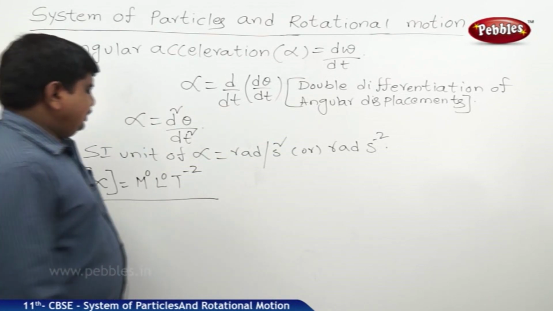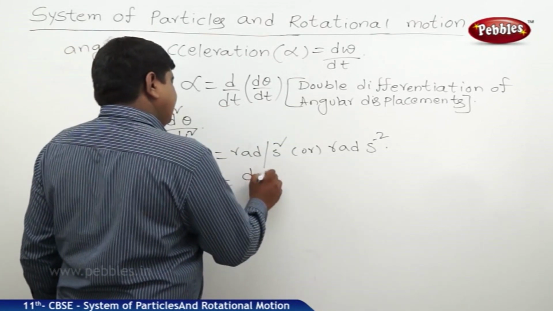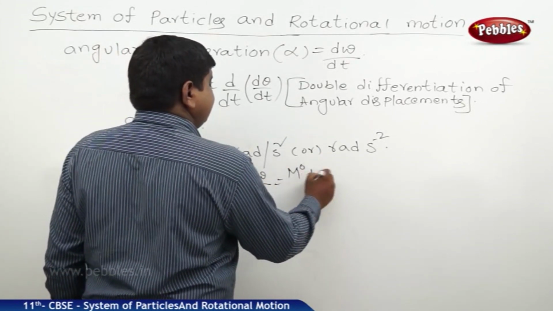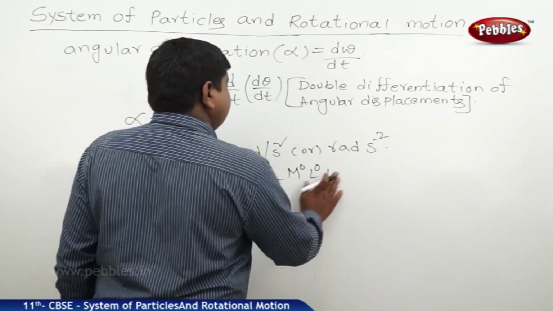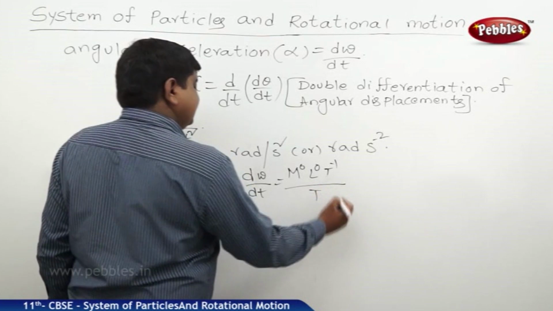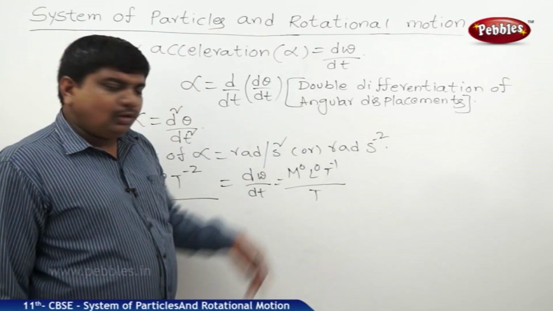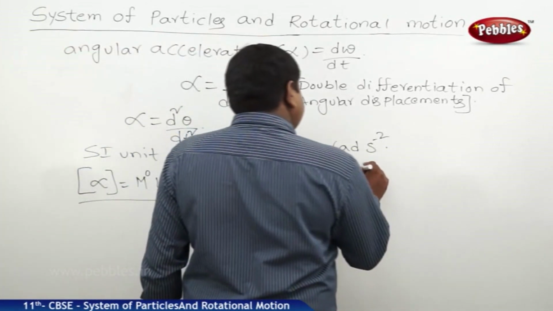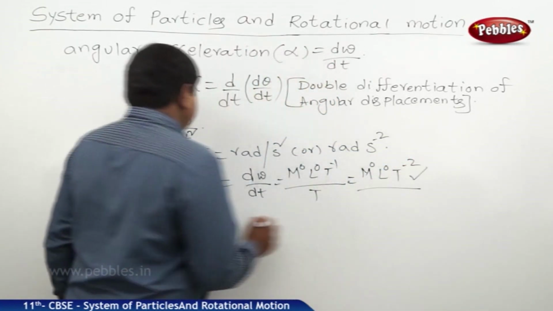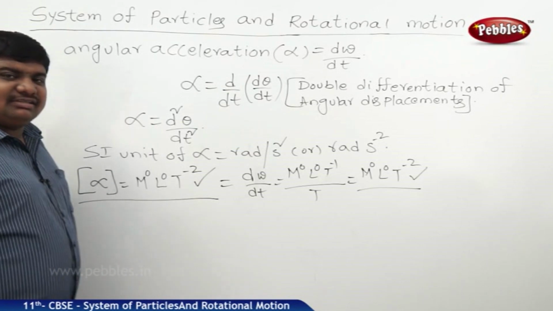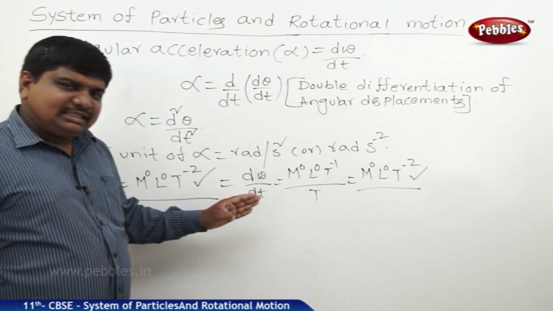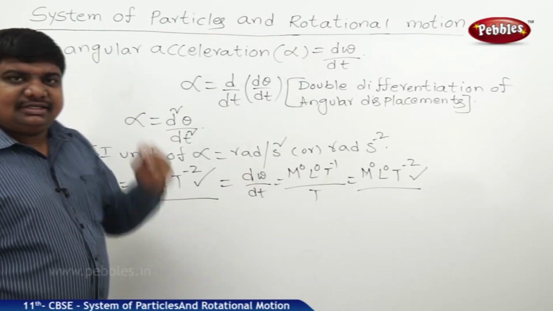So, let me find out d omega by dt, where omega is M power 0, L power 0, T power minus 1, and time here is T. This T will go up, so it will become M power 0, L power 0, T power minus 2. So, this was proved by the dimensional method. So, these are the basics about angular acceleration.